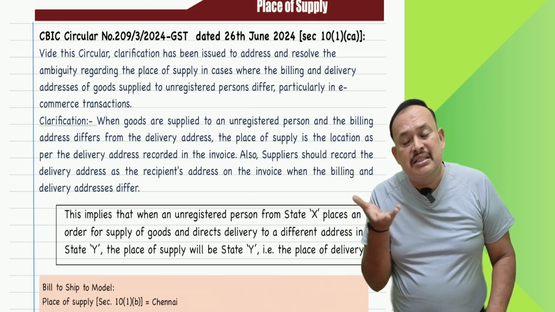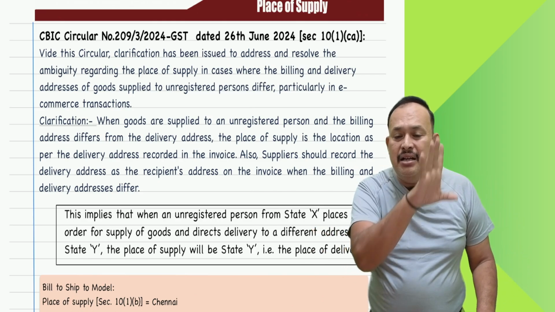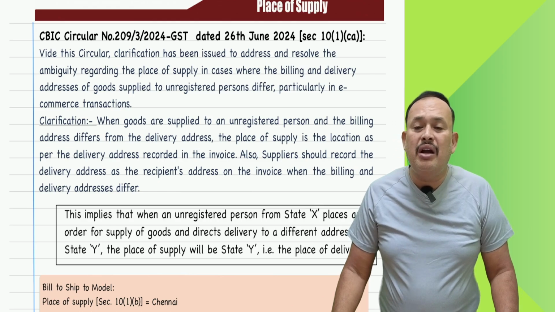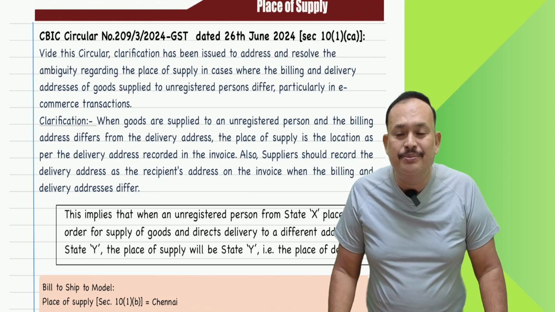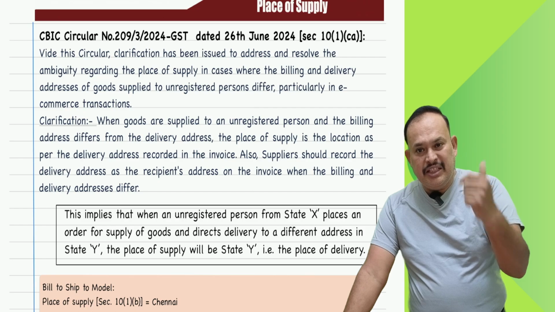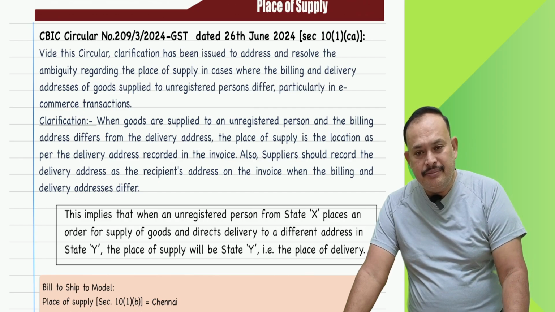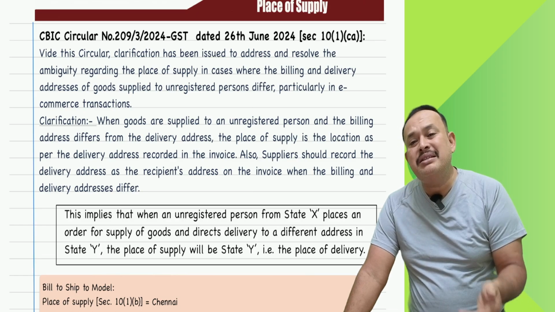Delivery address Chennai, Mr. Rafi. He booked a Titan watch through Amazon. Titan is located in Mumbai. In that case, place of supply goes to, quickly, fast, Chennai. Chennai means the delivery address.